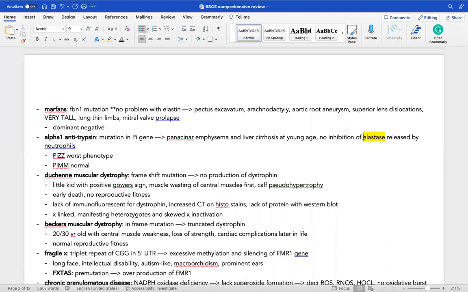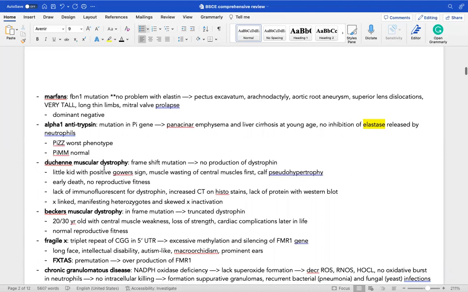So if that is mutated, elastase will be overactive, and therefore it would basically eat up the alveolar wall, and that would cause emphysema. Emphysema is a condition where we have air trapping due to degradation of the alveolar wall.